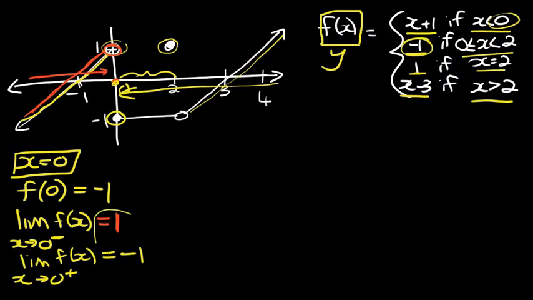But you see they differ, and that's why we can say this limit does not exist. So the limit as x approaches 0, thinking about approaching from both the negative and the positive side, we will say it does not exist.